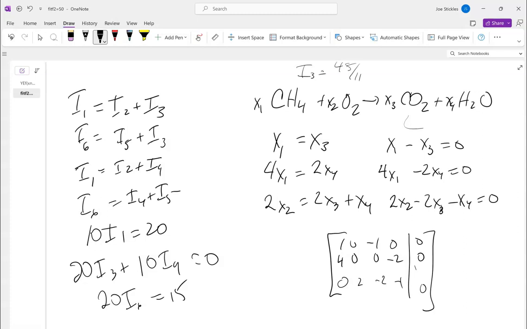Again, it does not hurt if you put the column of zeros in there. It's just not necessary because you already know there's a column of zeros there. And it'll stay a column of zeros no matter how many row operations you do. Okay. Reduced row echelon form. And let's make it a fraction.